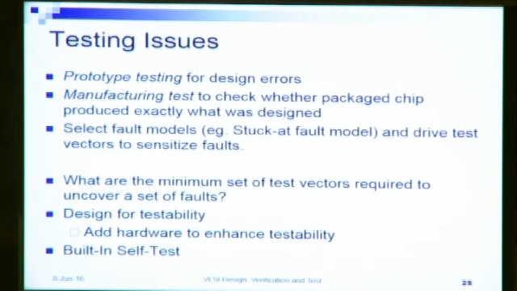If I assume that a certain gate input is always at 1, I have to put appropriate test vectors to find out whether the output is wrong. For example, if it is an OR gate and one of the inputs is always stuck at 1, and if you drive 0 0 as test vectors to this OR gate and the output is still a 1, we can understand that one of these inputs must be stuck at 1.